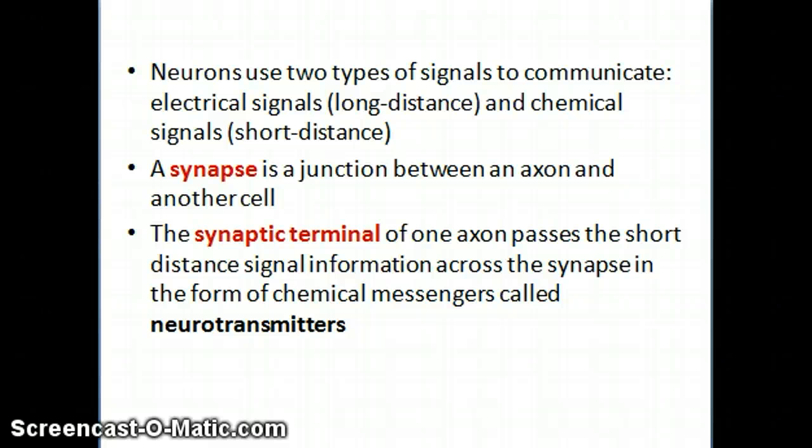So the synapse is a junction between an axon and another cell, and the synaptic terminal of one axon passes the short distance signal information across the synapse in the form of a chemical messenger that's called a neurotransmitter. And then we'll look more carefully at different types of neurotransmitters in a bit.